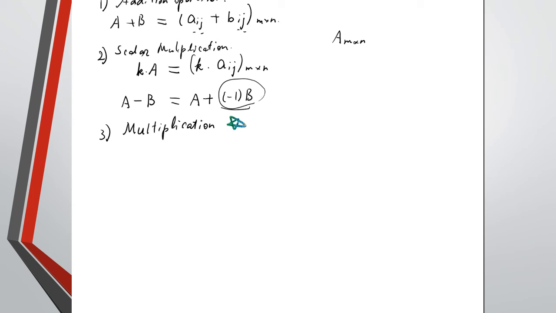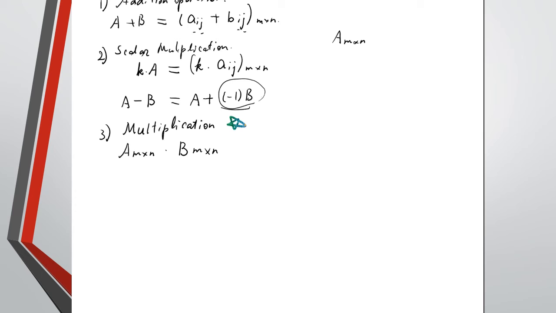Okay, so for this one, if we have a matrix A, which is m times n, so we have m rows and n columns, times the matrix B with m rows and n columns. Can we do it? Actually, this is not defined for matrix multiplication.